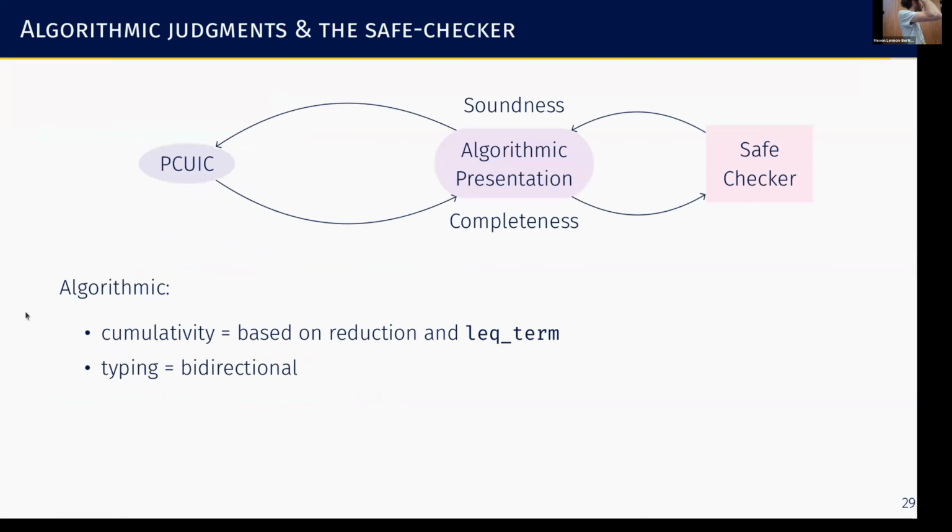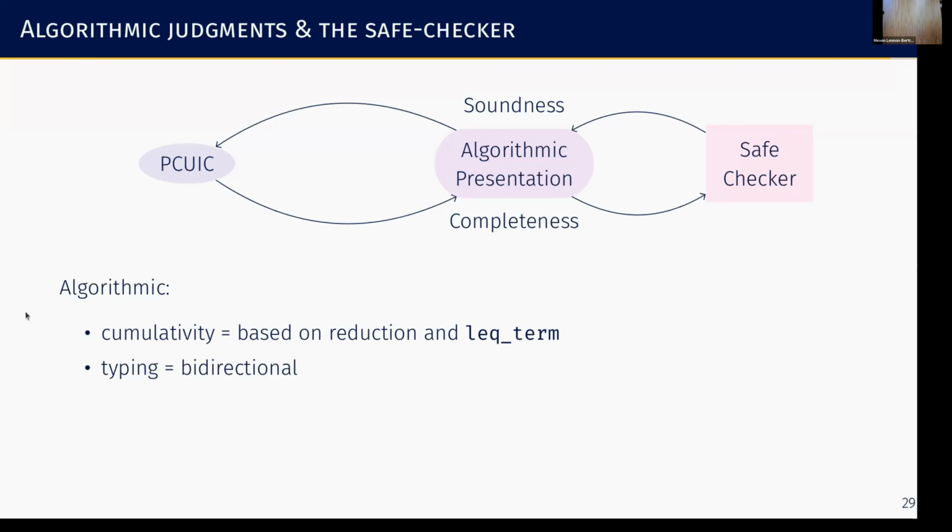Okay, and the last bit of Pickwick that lets us obtain a safe checker at the end of the day is these algorithmic judgments. I've talked a little bit about the fact we have two presentations for cumulativity: the declarative one and one that's based on reduction.